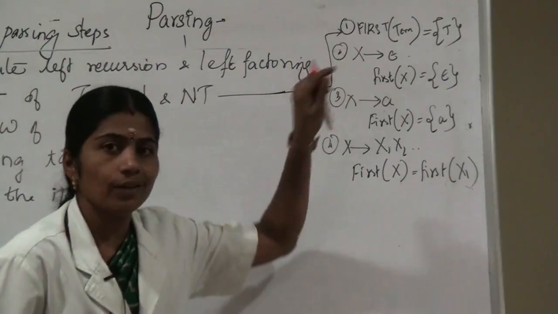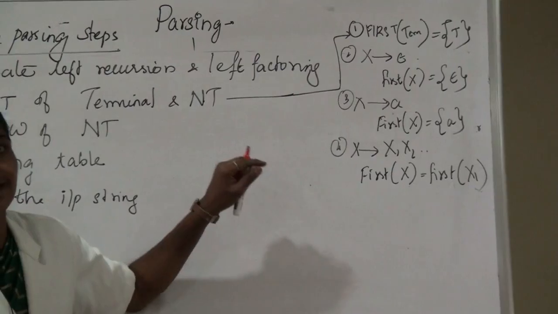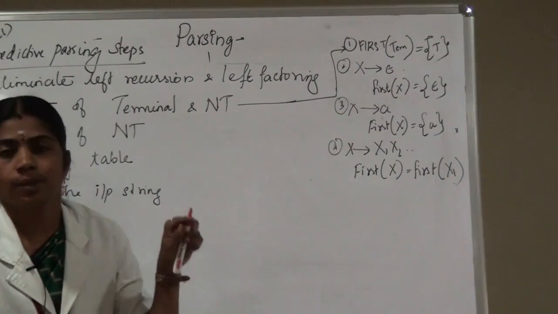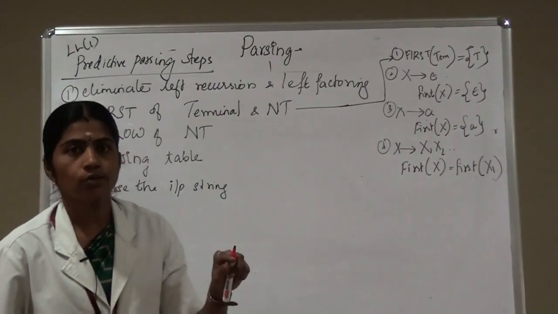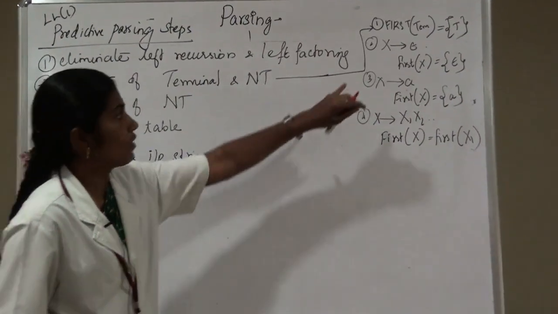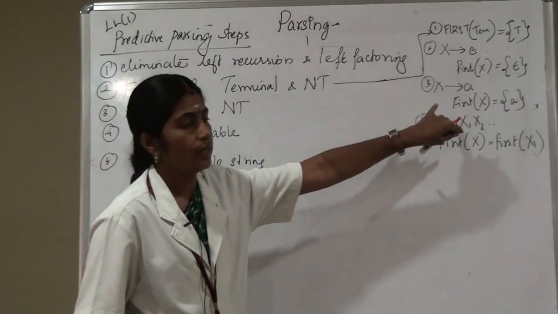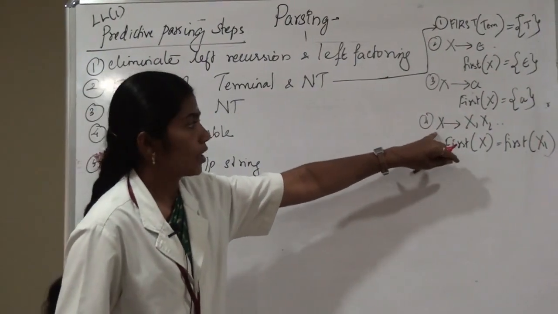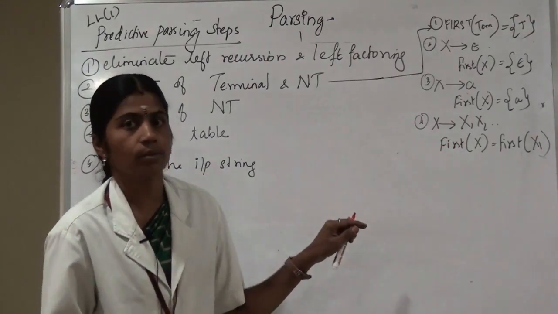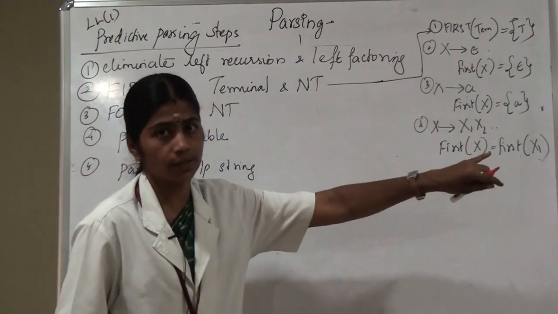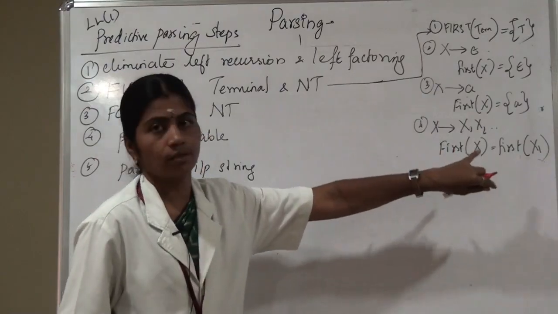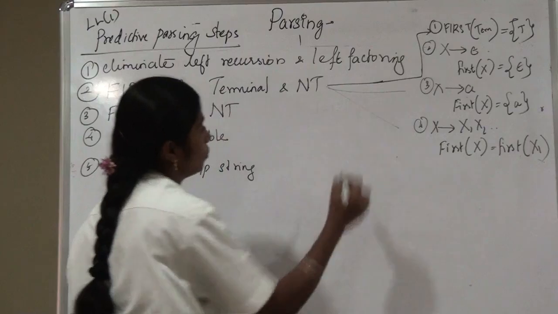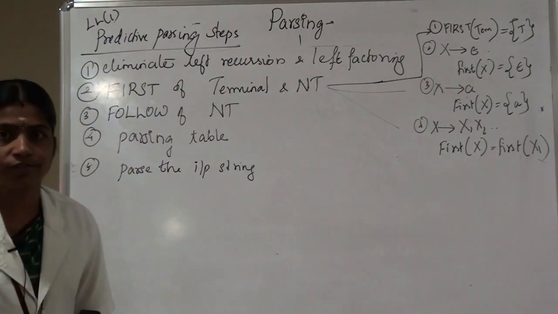First of terminal will always be a terminal. When you have a production x derives epsilon, then epsilon should be included in the first of x. If you have a production like x derives a, then first of x will contain terminal a. If your production has only non-terminals, x derives x1, x2, then first of x is equal to first of x1. So these are the rules to be used for computing the first position.